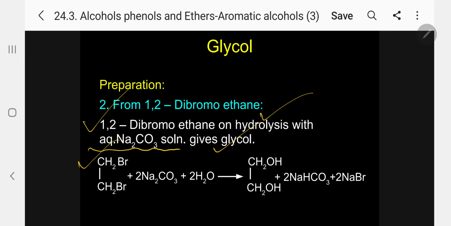Here CH2Br, CH2Br is 1,2-dibromoethane. Water in presence of aqueous sodium carbonate, a substitution reaction occurs, so Br minus is substituted by OH minus. We get glycol, sodium bicarbonate 2 moles and sodium bromide 2 moles. So from dihalides, we can prepare glycol.